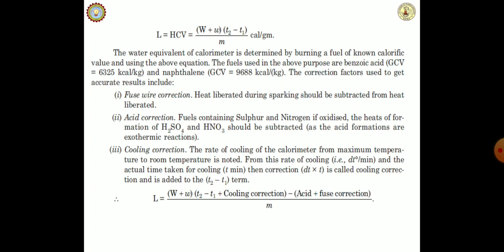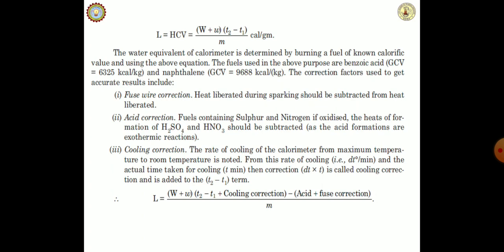Means if some material used is also a combustible substance, that correction is also added, in that acid plus fuse wire correction plus cotton correction, etc., divided by m. m is the mass of the fuel taken. This is the higher calorific value.